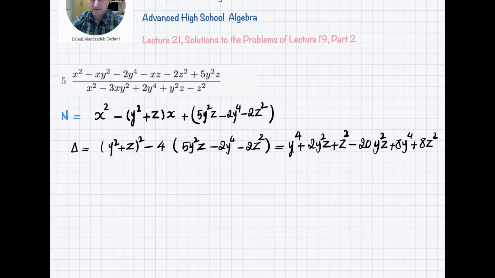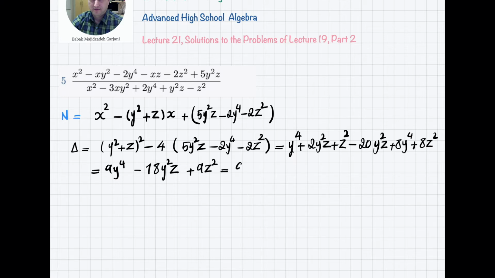Then you see that y to the 4 and 8y to the 4 gives me 9y to the 4, 2y squared z minus 20y squared z gives me minus 18y squared z, and finally z squared plus 8z squared gives me 9z squared.